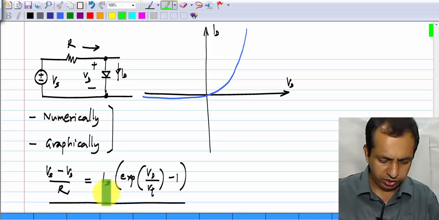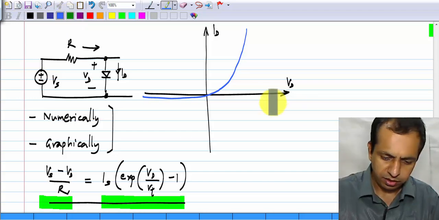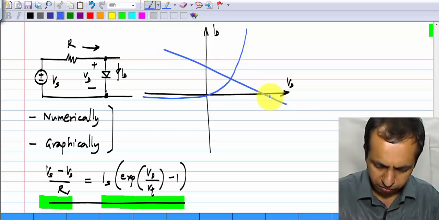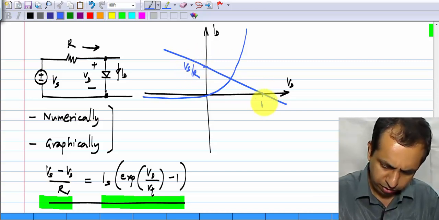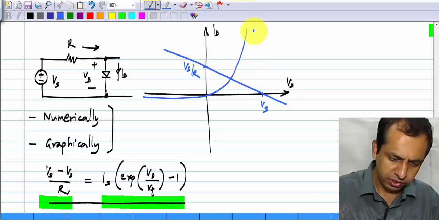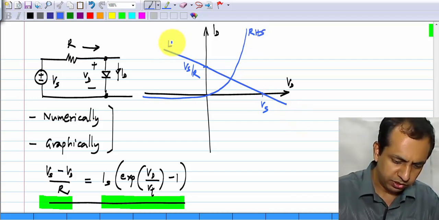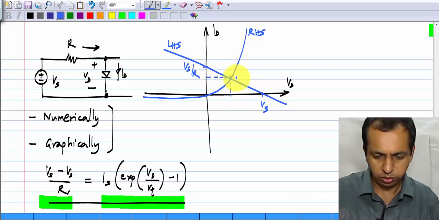So, what we do is we draw a graph for the right side and the left side and see where they meet. This is the plot of the right hand side, this is the plot of the left hand side, and they meet here, which is the solution.